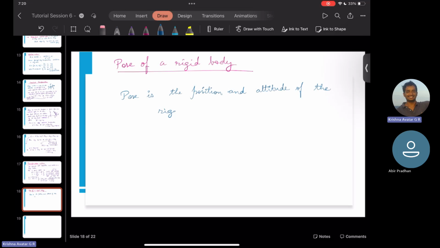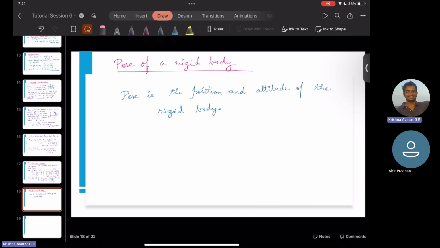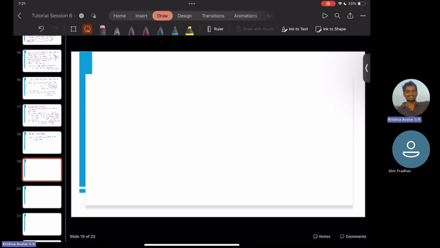It is defined, of course, for any rigid body, so it will be the position and attitude of the rigid body, right? And as we learned, this was essentially the pose, this and this, in terms of the relation between x in the body fixed coordinate system, or in the universal or world coordinate frame.